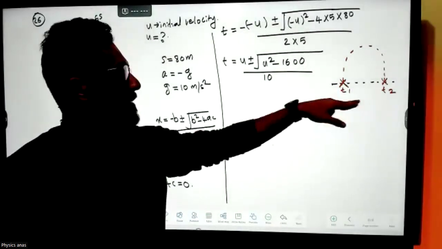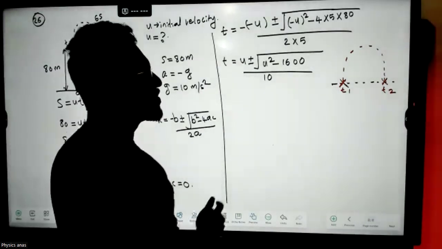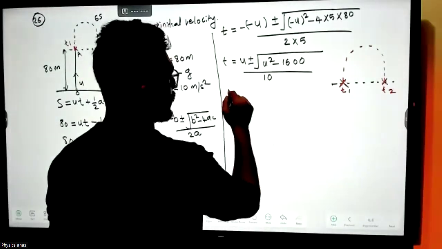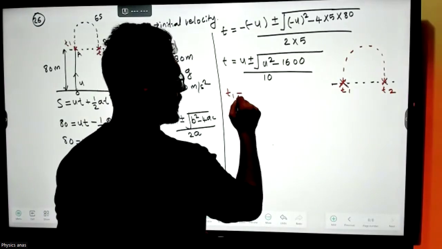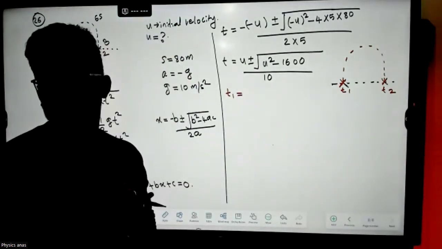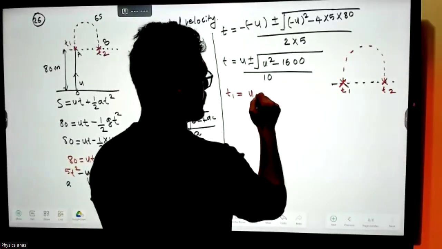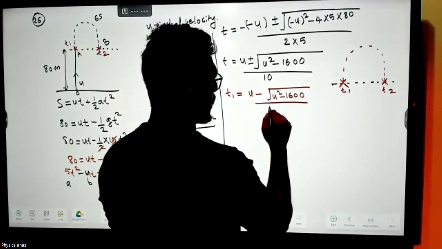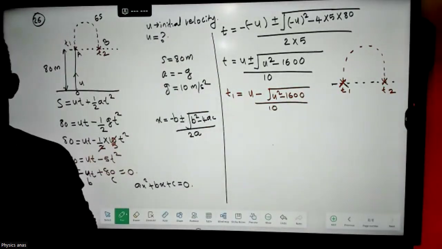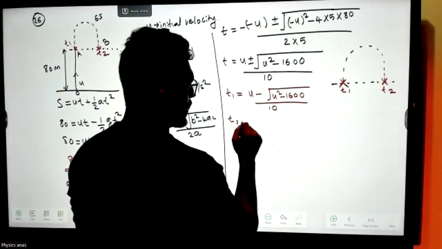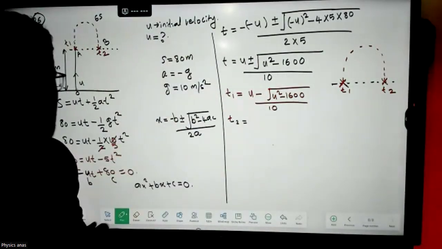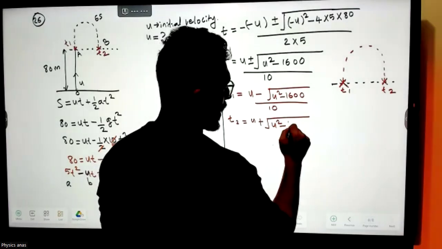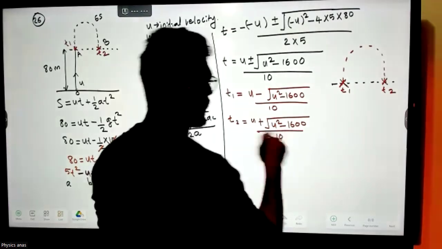How can you find t1 and t2 from this equation? t1 is the lesser value, so u minus root of u square minus 1600, divided by 10, will be t1. t2 will be the next and greater value of t, so u plus root of u square minus 1600, divided by 10, will be t2.